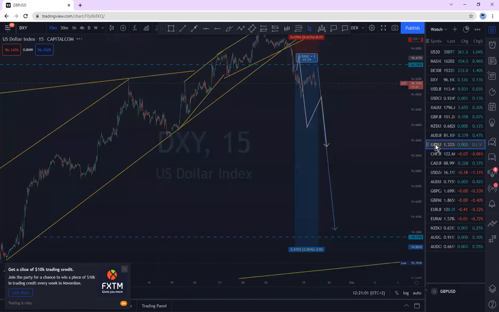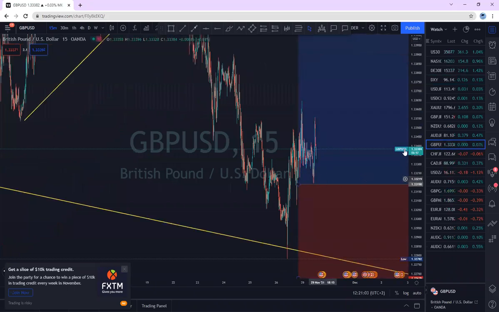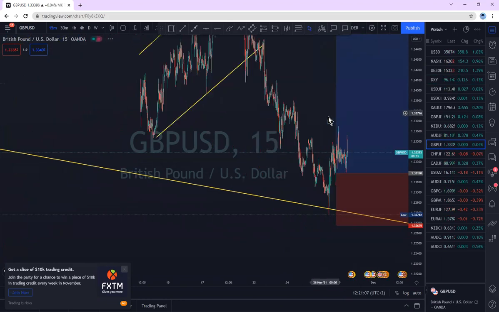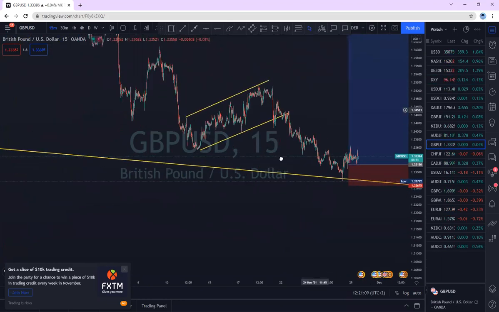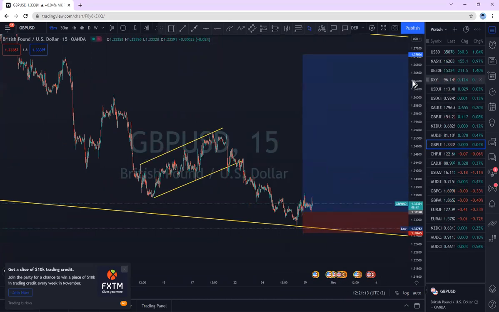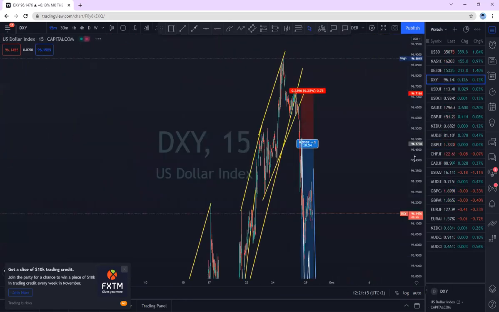All right, yes, GbpUsd. We have a buy on this one. This is our buy, but I'm not going to discuss it. This is our buy, and DXY is going down.